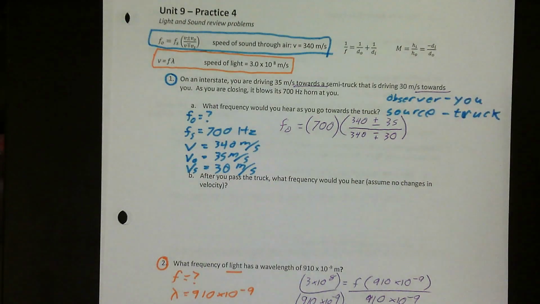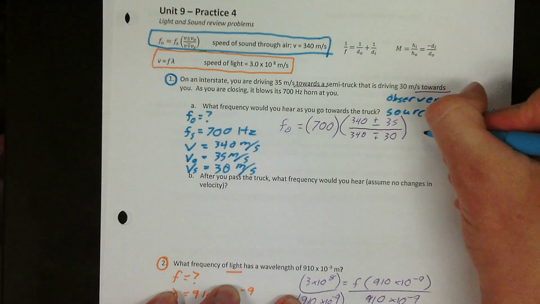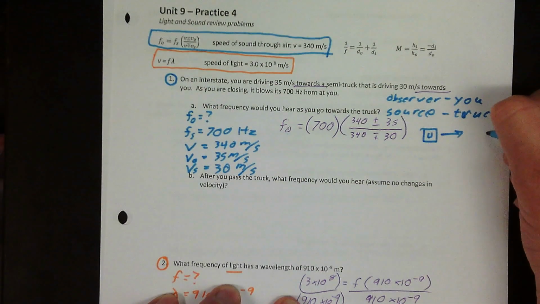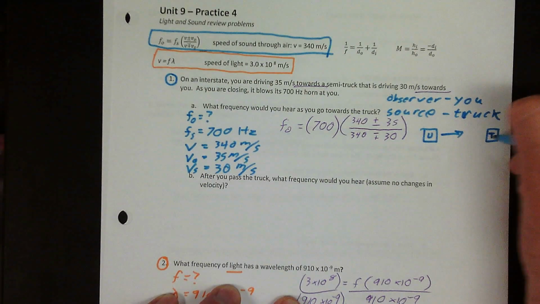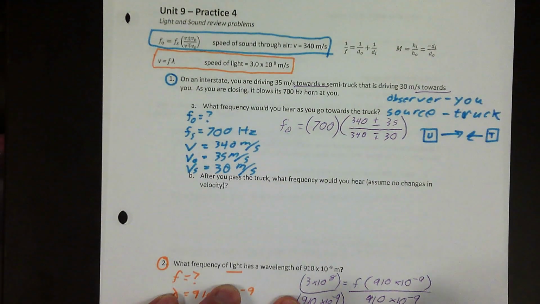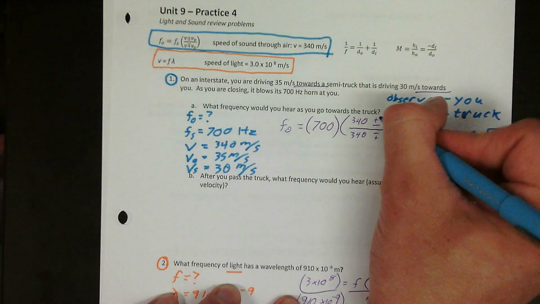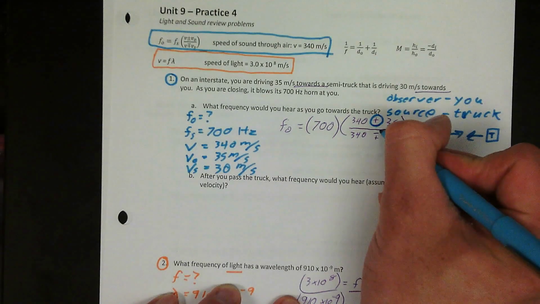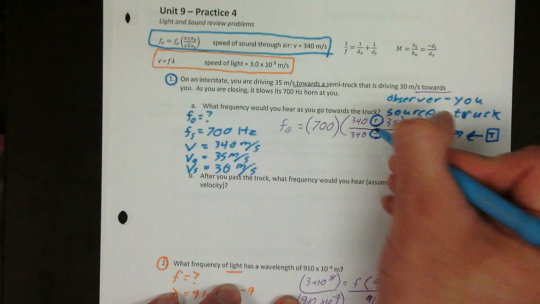So if I was going to draw a real simple diagram for this, here's you, here's the truck. It says you're going towards each other. So that means you pick your top sign because you are going towards, and you pick his top sign because you're going towards.